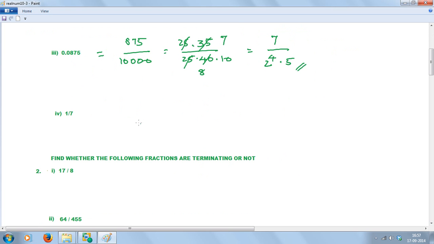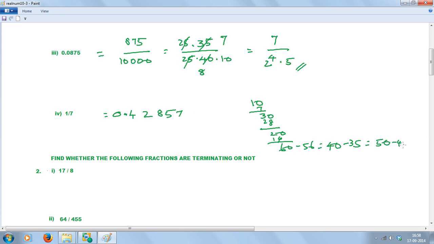So we'll try one more problem. What is 1 by 7? We'll try to work it out. So now you add a 0. 10 minus 7 is 3, 30, 4 sevens are 28, and then 2, 20, 2 sevens are 14, and then 6, 60, 8 sevens are 56, you get 4, 40, 5 sevens are 35, minus 35 equals 5, again 50, 7 sevens are 49, you get 1.